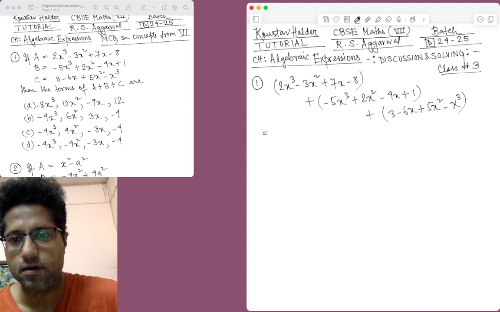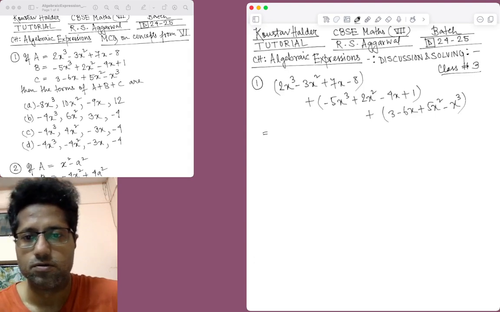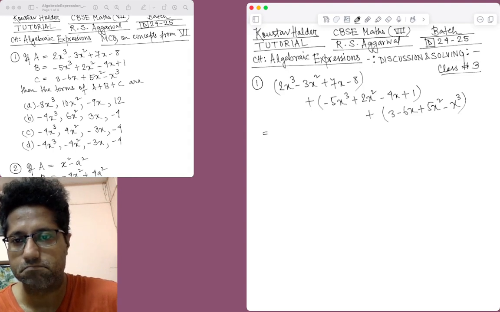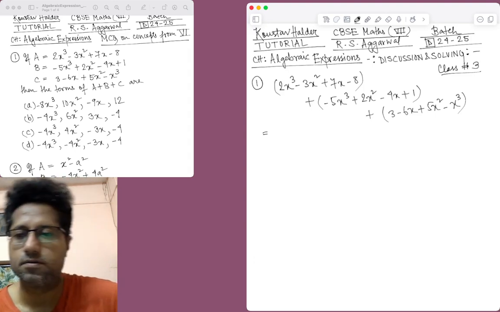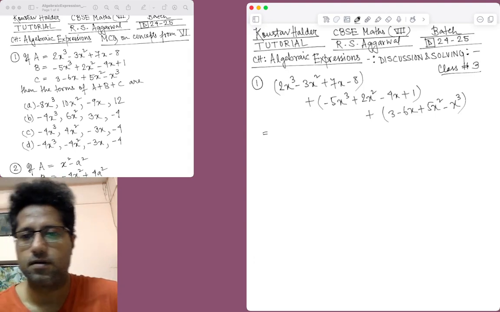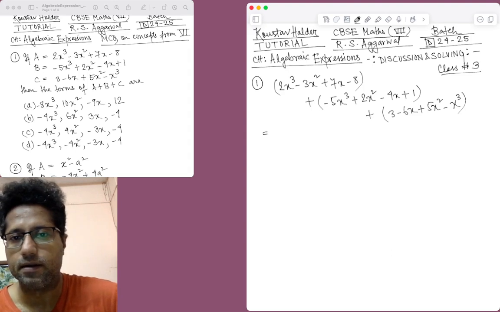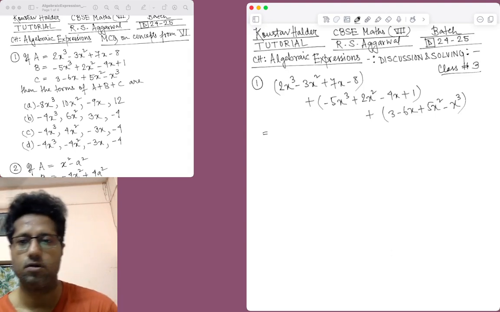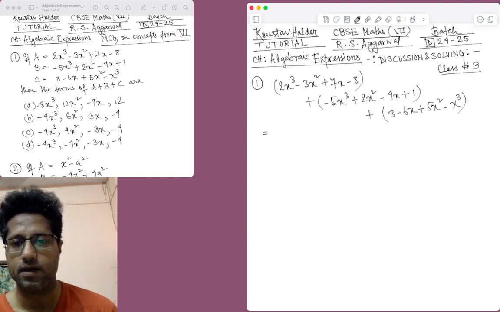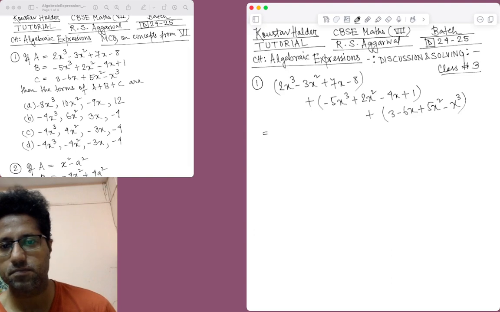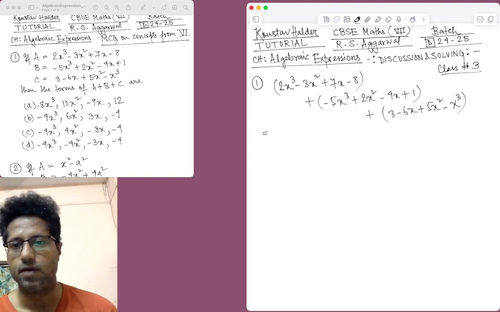We can see that all the algebraic expressions have terms where the literal coefficients are x cube, x square and x, and also a constant term in all the expressions.